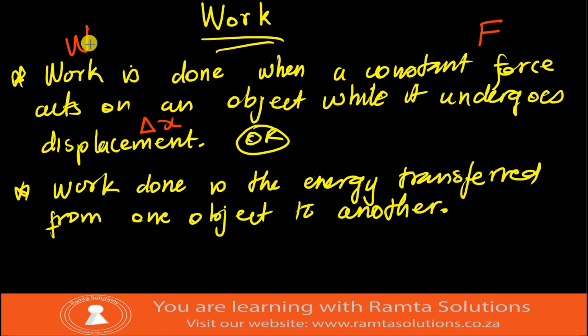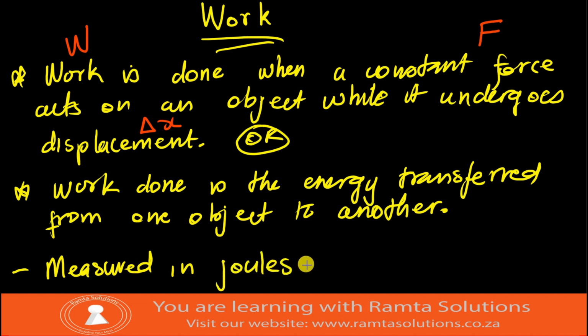By the way, work is W. As you can see, this is a product of two vectors, so we should basically be saying work is a vector quantity. And in addition, it is measured in joules, which we symbolize with capital J.